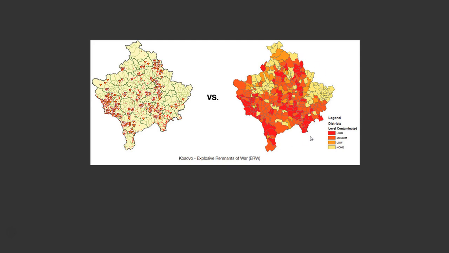It should be the same pattern. So over here on the middle right hand side of Kosovo, there's not much activity. And then we have pockets where there's not much contamination. These light yellows up towards the top, I guess that would be the northwest side of the country.